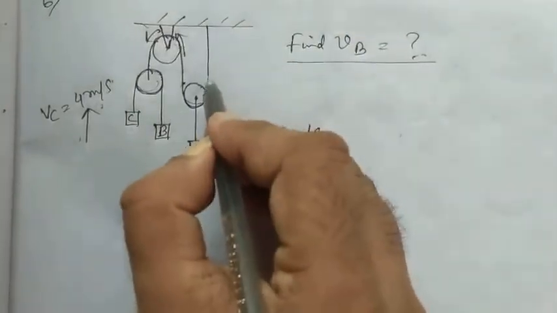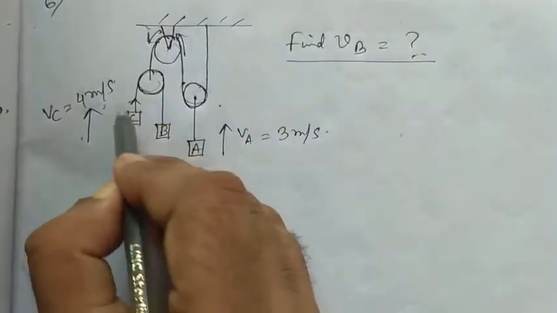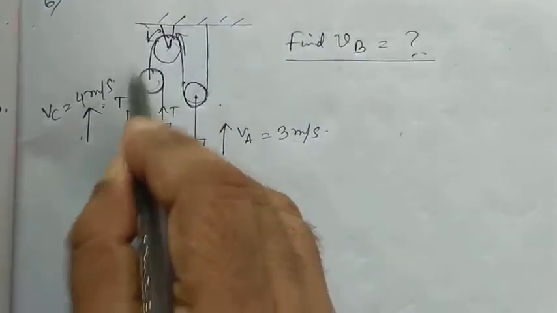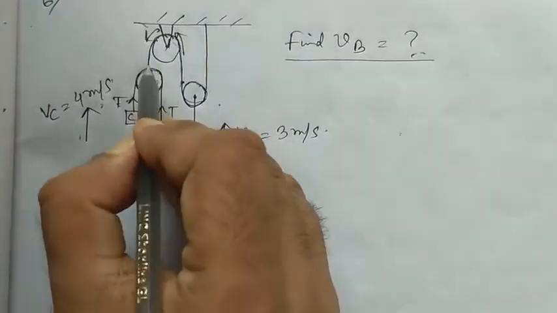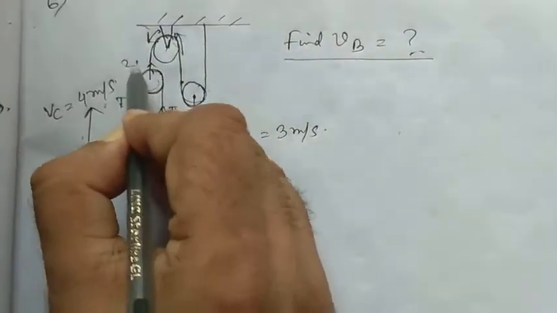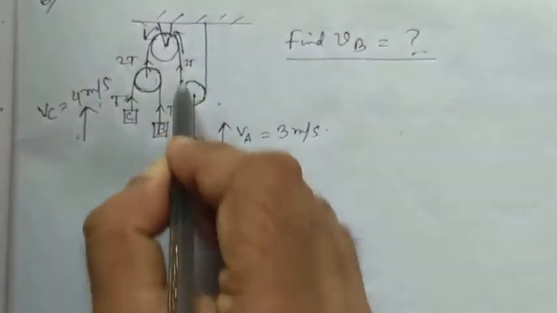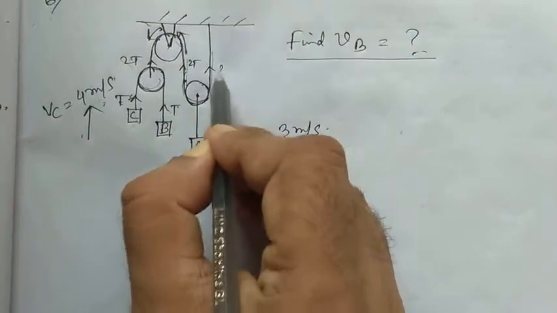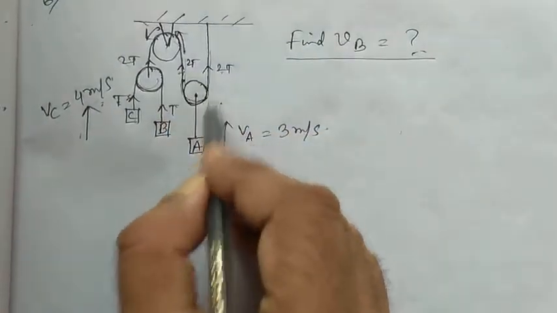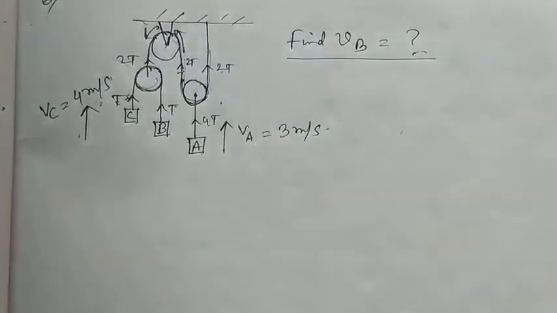So we write the tensions starting from here. T, same rope means same tension. T plus T becomes 2T. Again same rope means again 2T. This is the same rope, again 2T. 2T plus 2T, this becomes 4T.